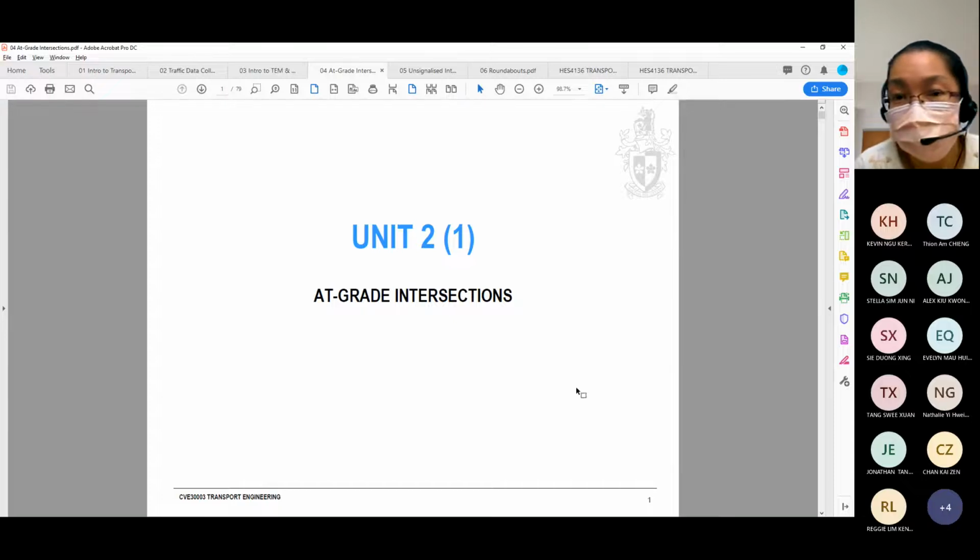Okay, so this afternoon will be our last session together. What I'm going to do with you is to revise the four topics on intersection as well as pedestrian.